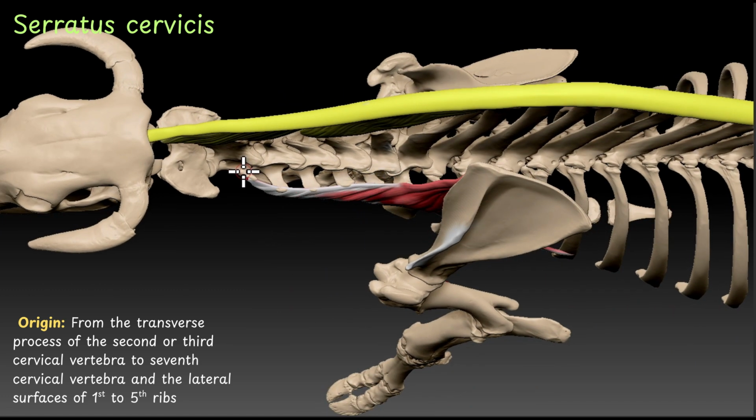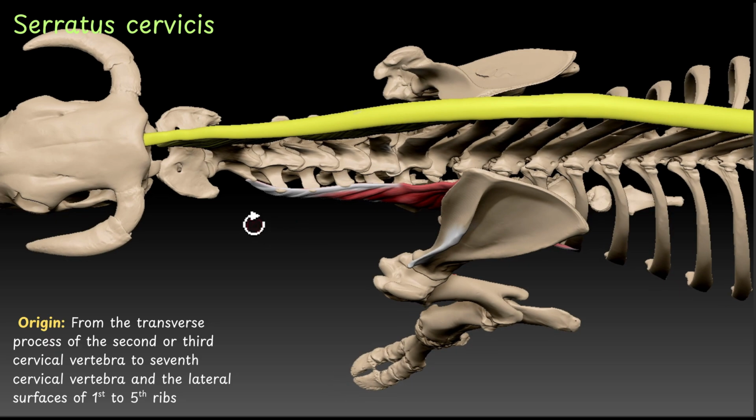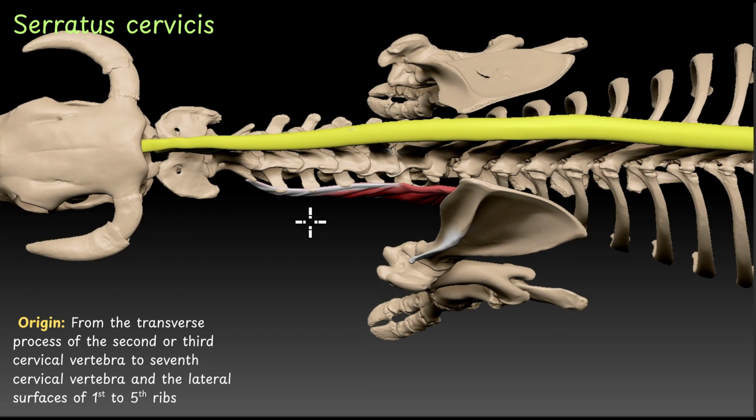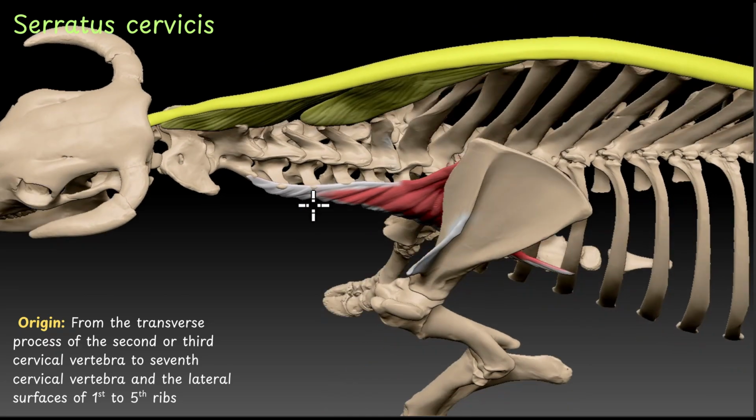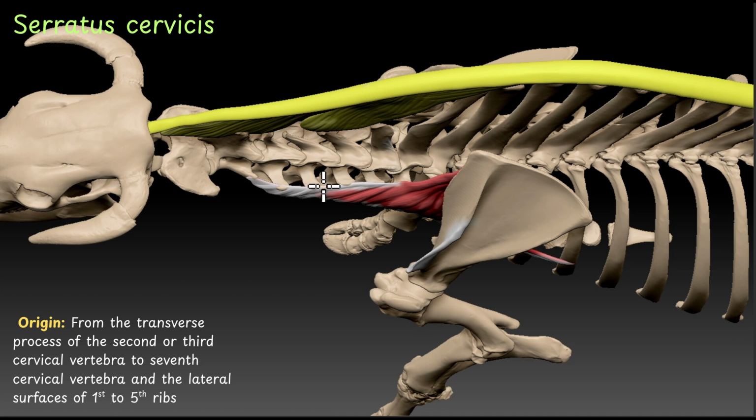This is C2, the transverse process of the second cervical vertebra, third, fourth, fifth, sixth, seventh. So the muscle originates from the second or third cervical transverse process up to the seventh cervical vertebra. This is the origin point: transverse processes of vertebrae from second to seventh.